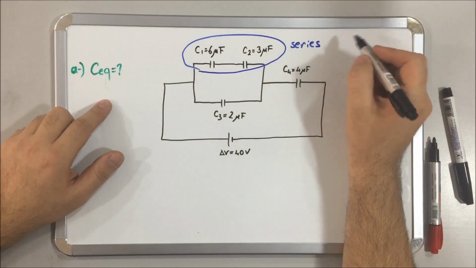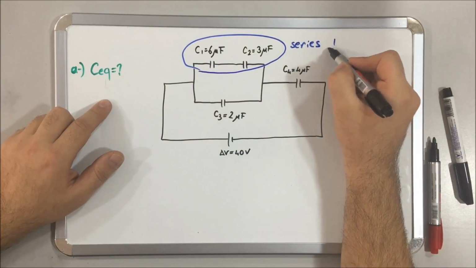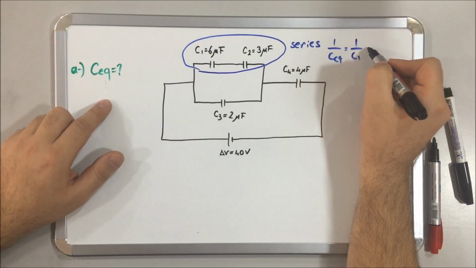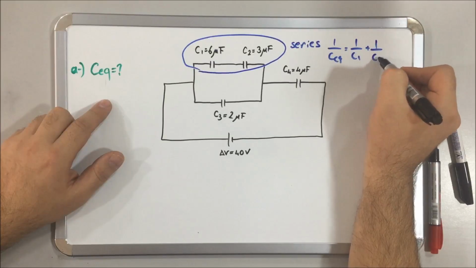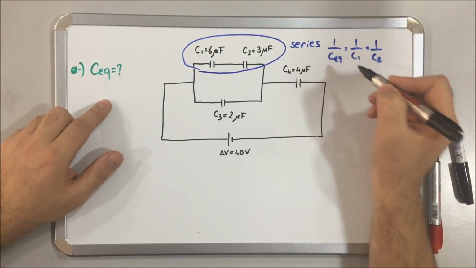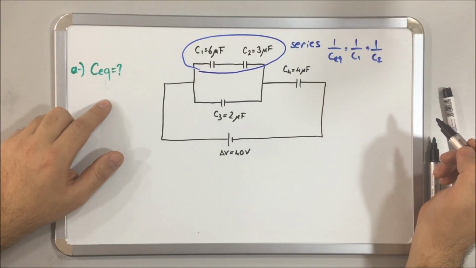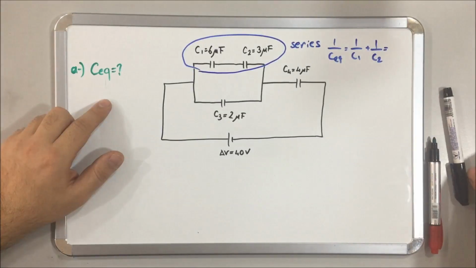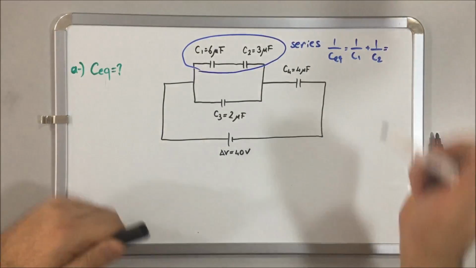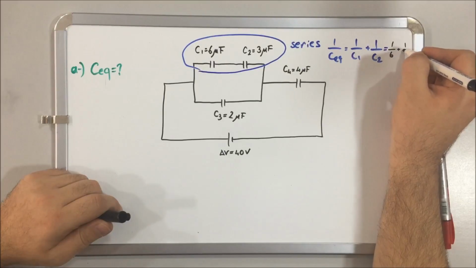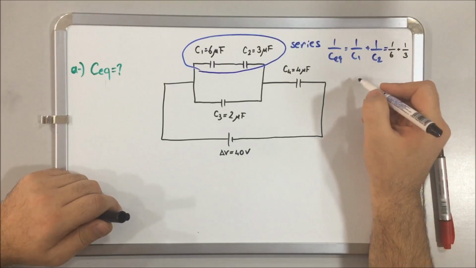So for the series combination, we must use the formula 1 over C equivalence is equals to 1 over C1 plus 1 over C2. By this formula, we can calculate the equivalent capacitance. So it will be 1 over 6 plus 1 over 3.